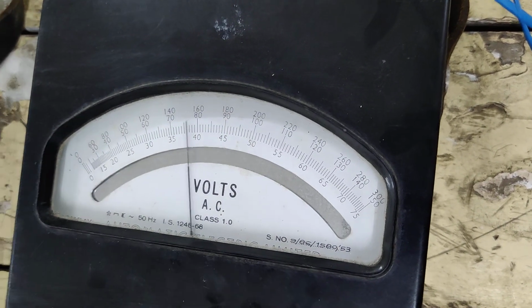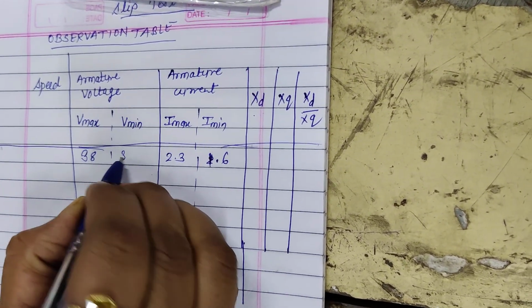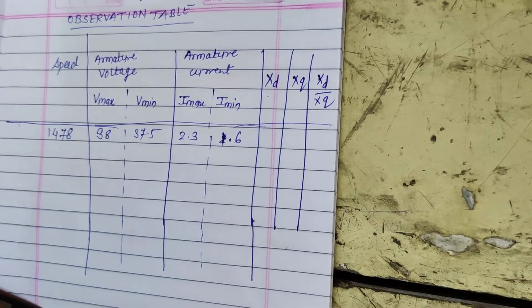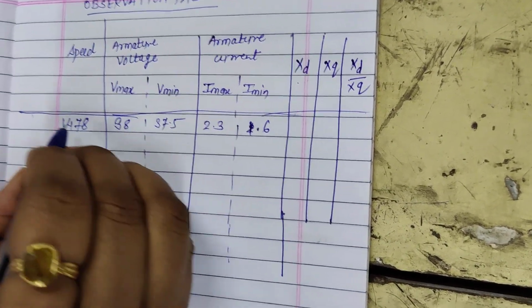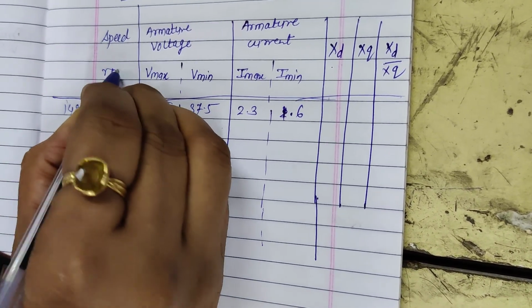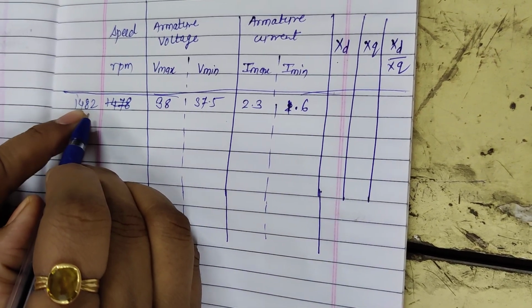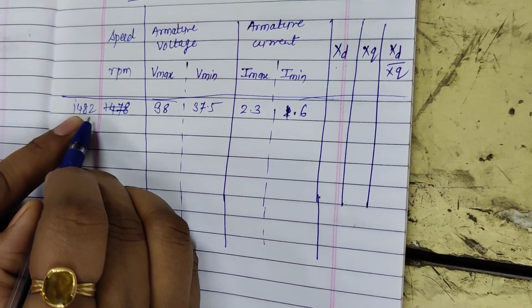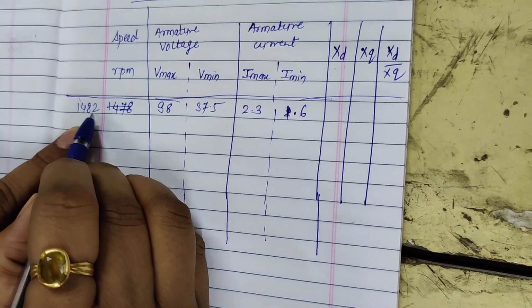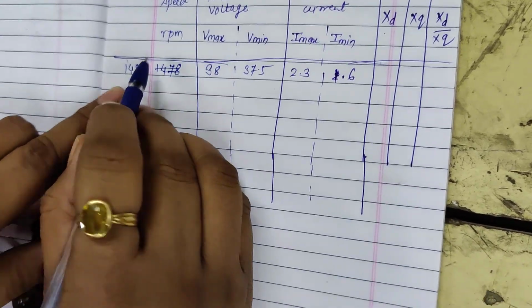The speed was 1478, sorry, 1482 RPM. So this is when the speed is less than 1500 RPM. We'll take one more set for the same voltage, but with the speed higher than synchronous speed, above 1500.